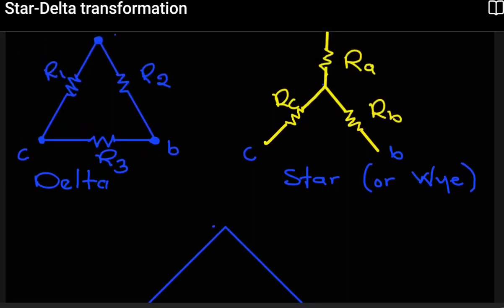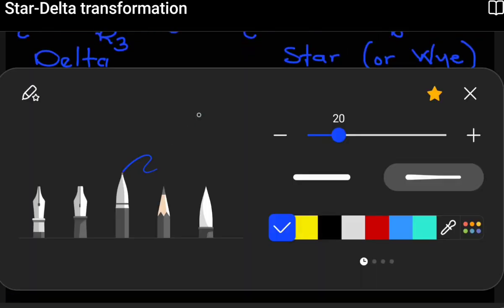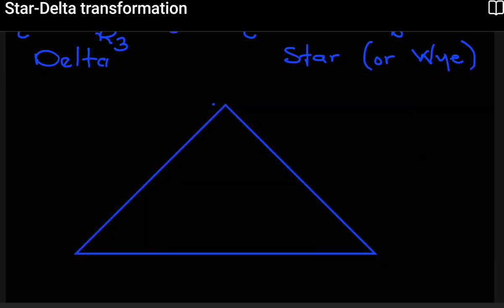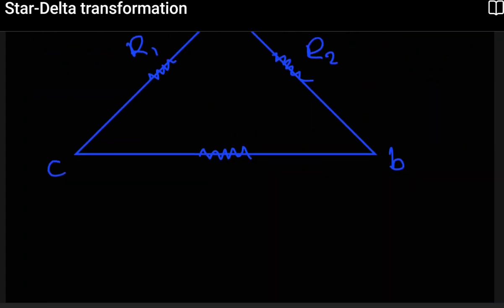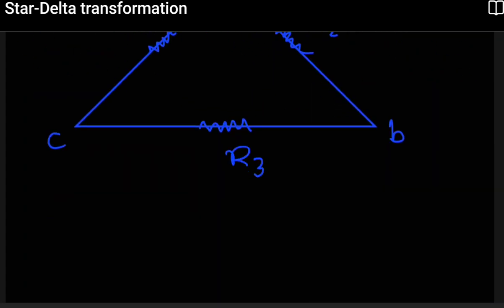In this case we had A, B, C, with A on top. Then we have our resistors here, here, and another resistor here. This was R1, R2, and R3 down here.